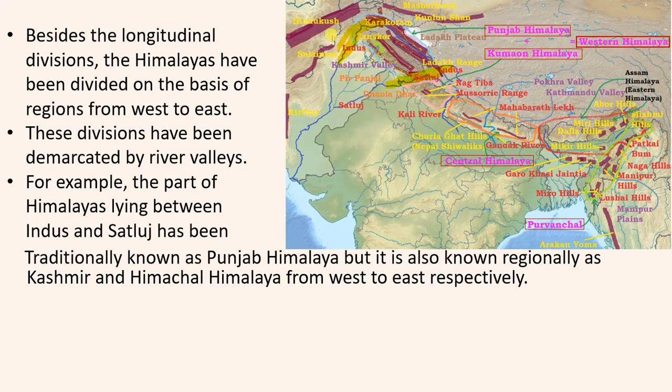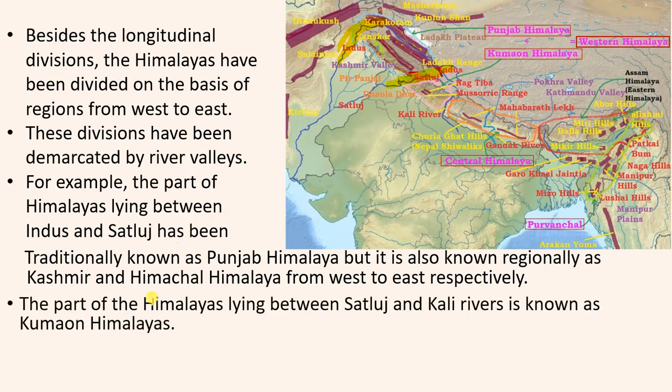The Himalayan range between these two rivers is traditionally known as the Punjab Himalaya, but it is also known regionally as the Kashmir and Himachal Himalayas from west to east respectively, meaning the Kashmir Himalaya and, in Himachal Pradesh, the Himachal Himalaya.